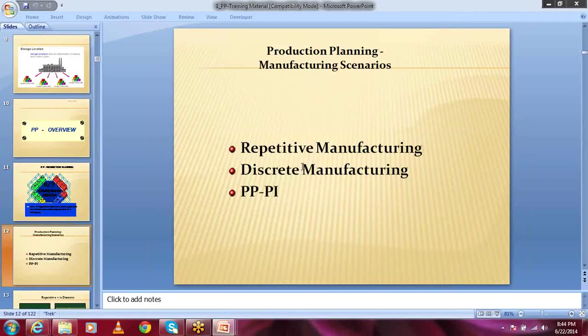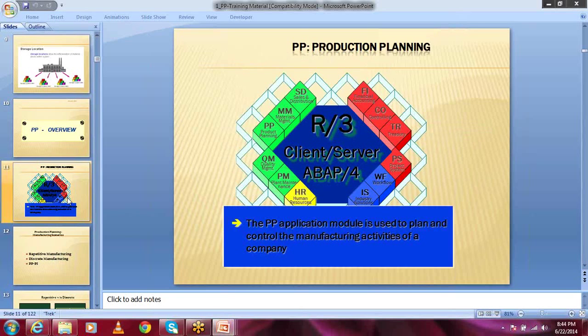These are the other modules you must closely interact with along with PP. So as a consultant you must know where the integration between different modules is. PP is very closely integrated with MM, SD, and QM.